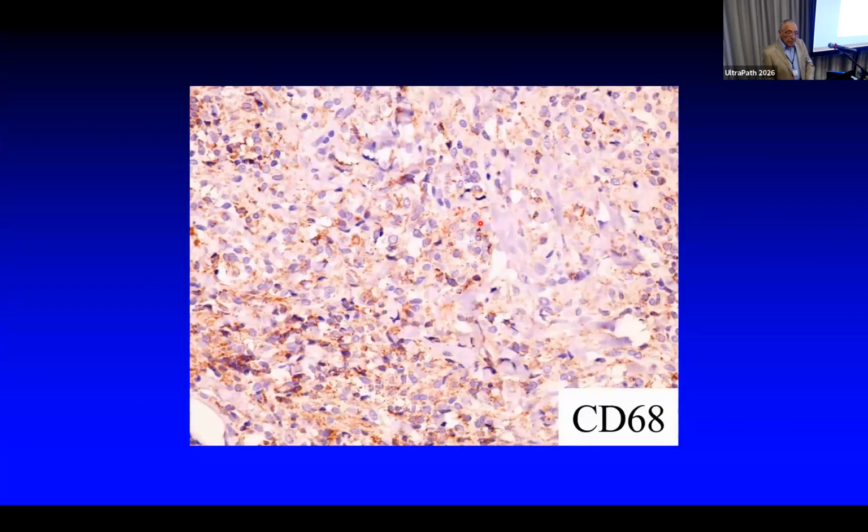Before that, we performed S100, which was positive, so we thought it was a melanoma. We proceeded with SOX10, HMB45 and Melan-A. It was positive for CD68.